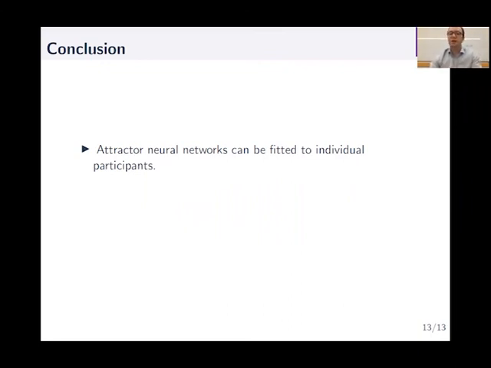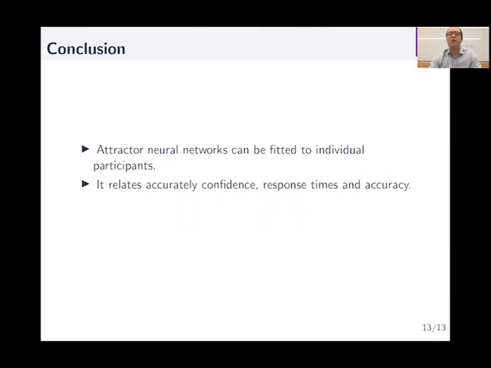They can be used to explain more cognitive behavior of participants. And they're able to explain a lot of behavioral variables like confidence, response time, accuracy, difficulty of the task, and all the relations between all of these variables.